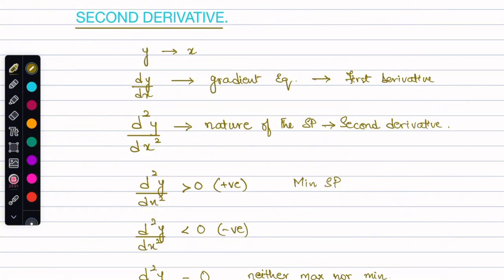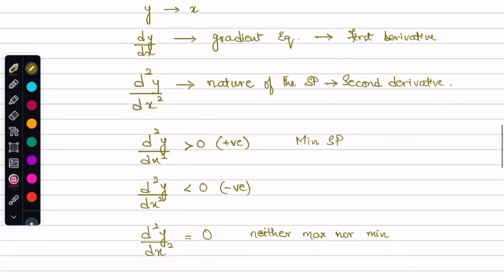If the second derivative is less than 0, which is negative, then we should know that this shall have a maximum stationary point. It has a maximum nature. And if the second derivative comes out to be equal to 0, then the stationary point can be neither maximum nor minimum, and this will be for the third case that we have seen earlier, the point of inflection.